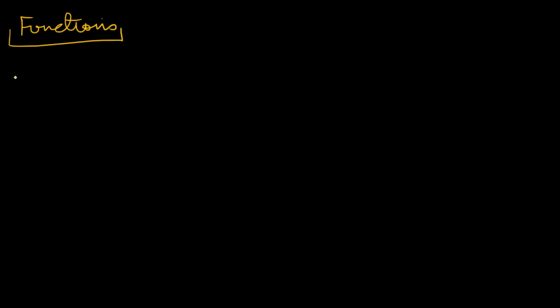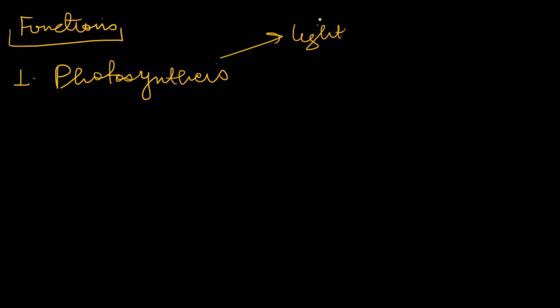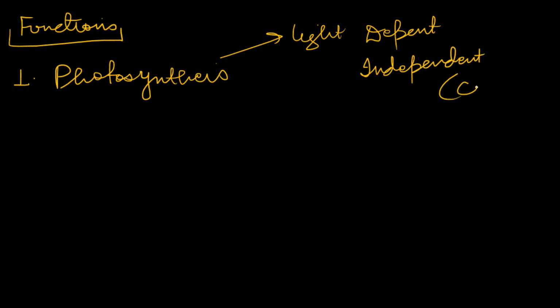Obviously, the first and foremost function of chloroplast is that it is involved in photosynthesis, in both light dependent and light independent reactions. We all know light independent reaction is simply the Calvin cycle. It has a huge role in the Calvin cycle.